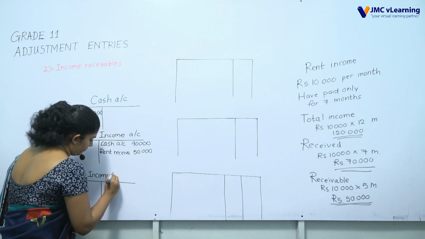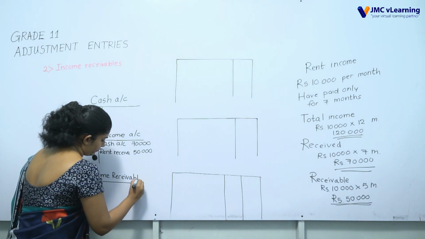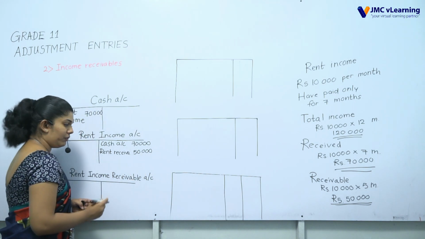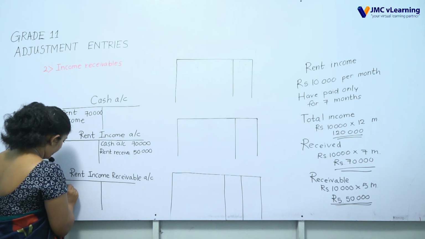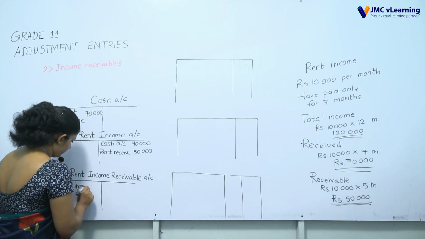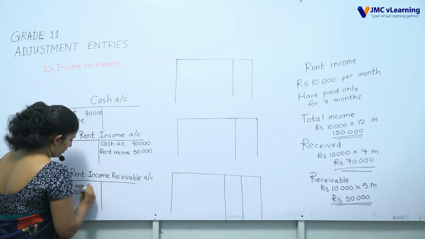In this account, we record it on the debit side, rent income account, 50,000.